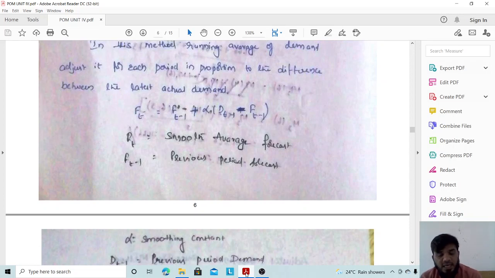But in the weighted average method, the data exactly previous to the period you are forecasting gets more weightage. For example, if you are forecasting for the month of August, the July data will be given more weightage, and the summation of all the weightages should be equal to 1, as we saw in yesterday's class. The next thing we discussed is the double averaging method.